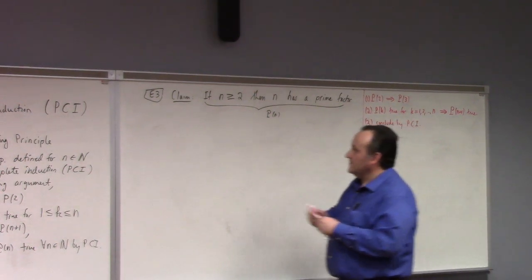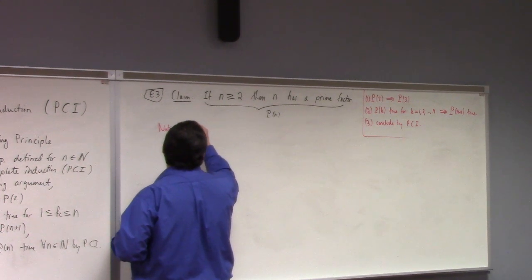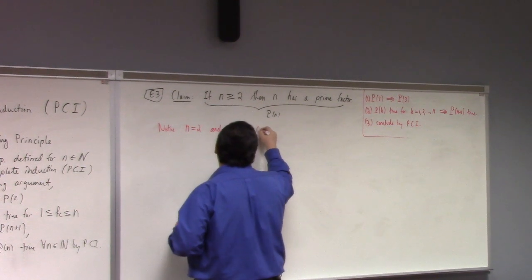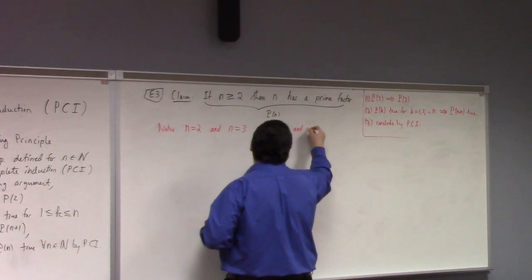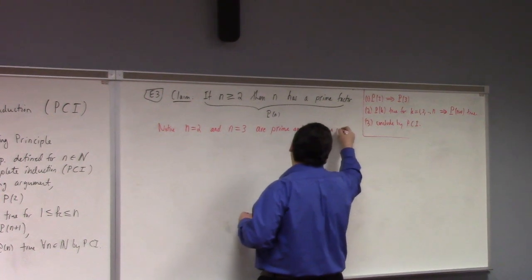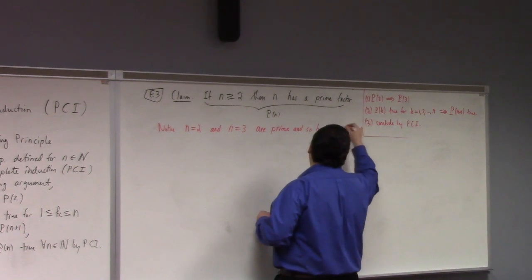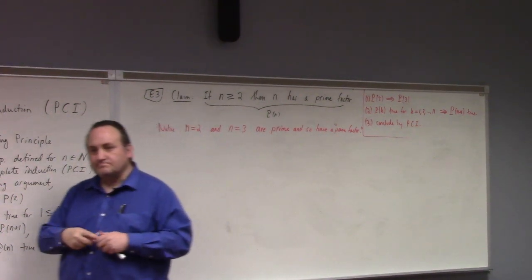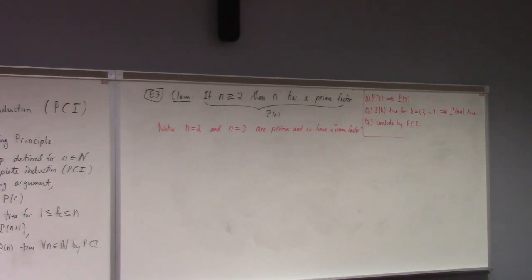So notice that n equals 2 and n equals 3 are prime, and so have a prime factor, right? Any number is its own factor, because any number times 1 is itself. So n equals 2 and n equals 3 have a prime factor. Therefore, we've established number 1.